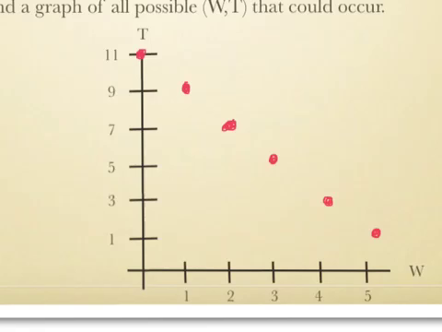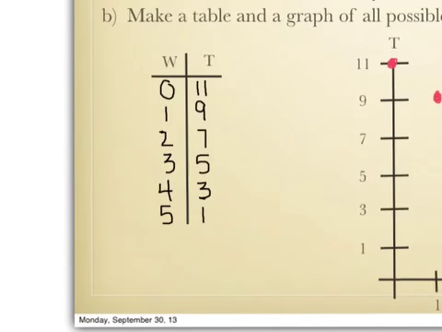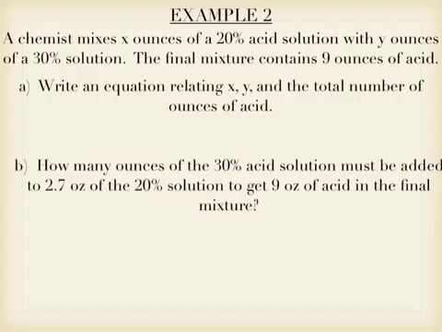Then you can't come up with all of the possibilities, but you can come up with a few. If you came up with a few and connected them with a line, you're essentially showing that those are all the solutions. So making a list like this is not always practical. It was in this case. Let's try another example.